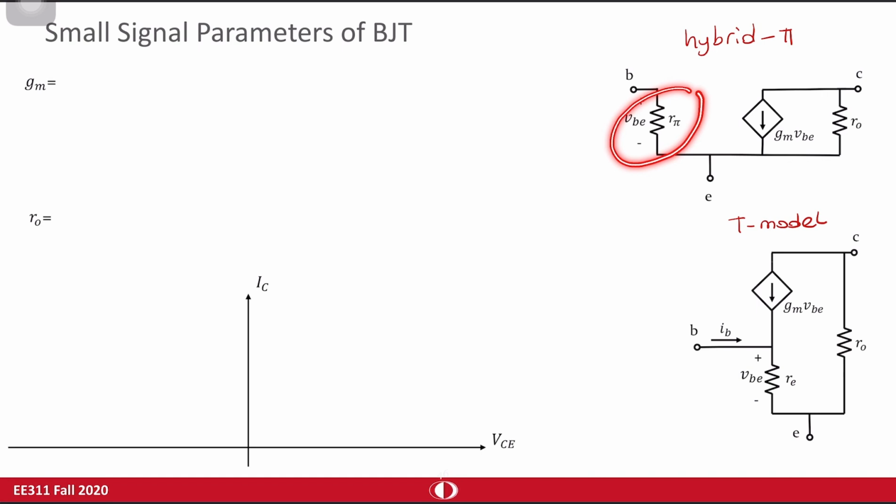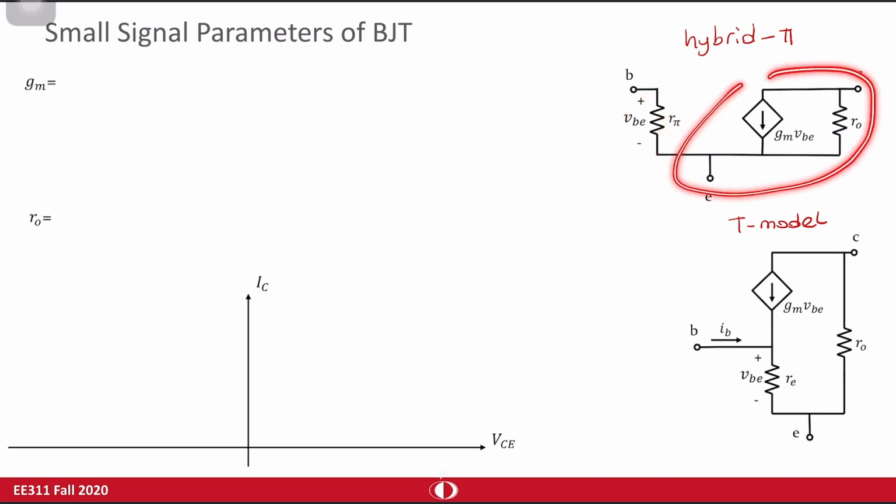For the MOSFET, this resistance was infinite because gate current of the MOSFET was 0. But for bipolar transistor, base current is not equal to 0, and because of that, you have a finite resistance, which is given by this R-pi notation.